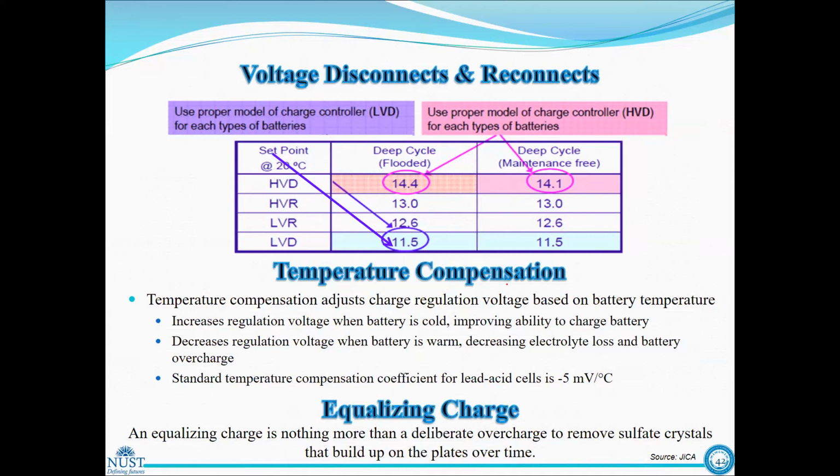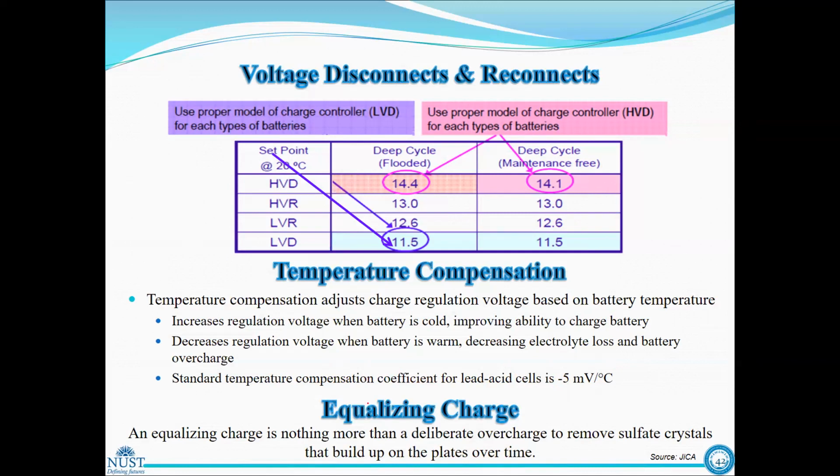Similar to photovoltaic modules, there is an effect of temperature on the cells of the battery. If the battery's temperature is increasing, then its regulation voltage will surely be lower, which means that the nominal voltage and cutoff voltage will also be different. So we should control these parameters, and to control these parameters, we must also know the temperature compensation coefficient. For example, for lead acid batteries, the value is -5 millivolt per degree centigrade.